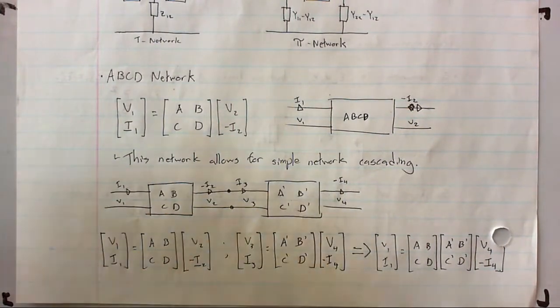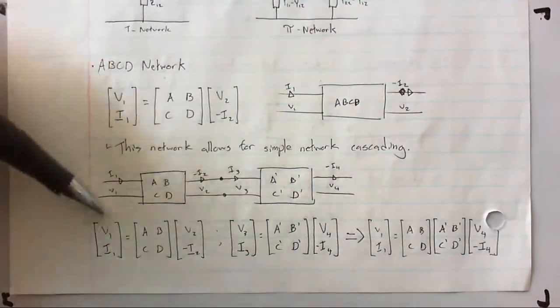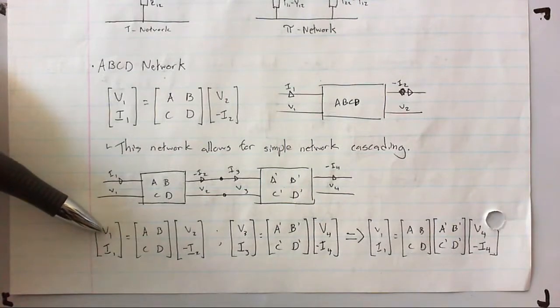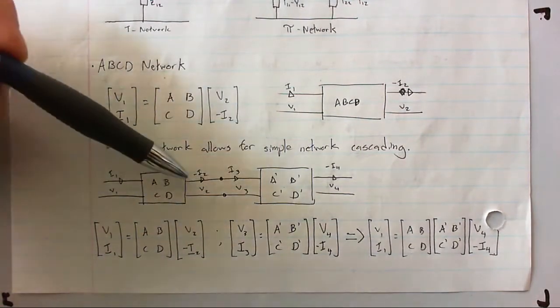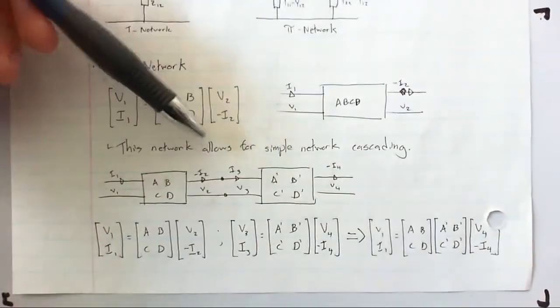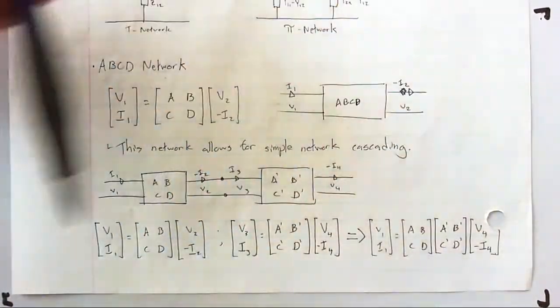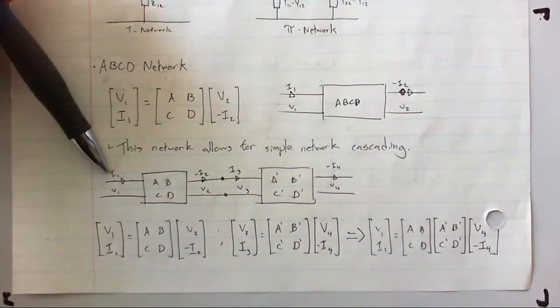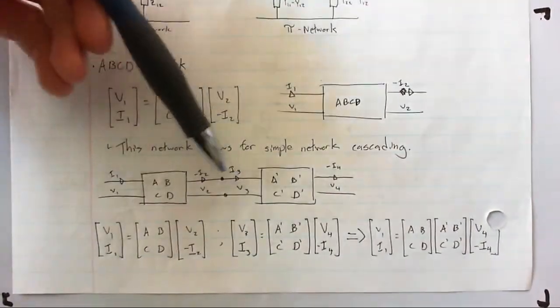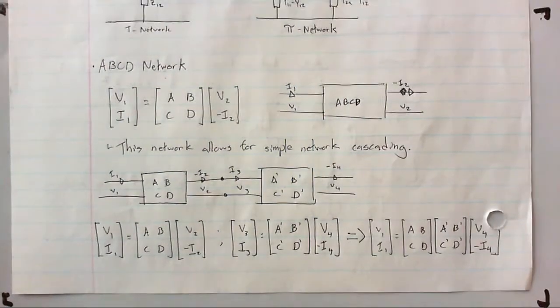So this is port 1, port 2, port 3, port 4. You can solve for what port 4 is depending on port 1 by setting these two ports equal to each other.